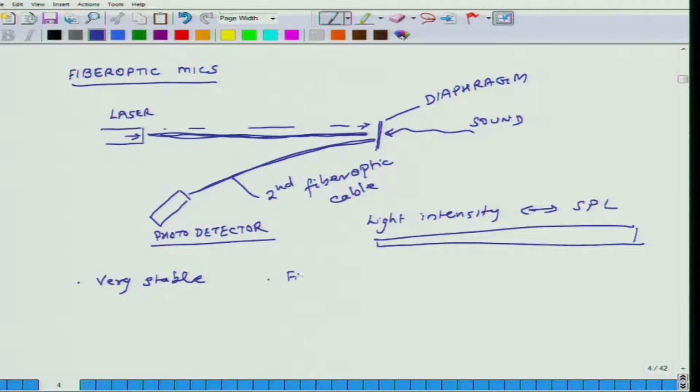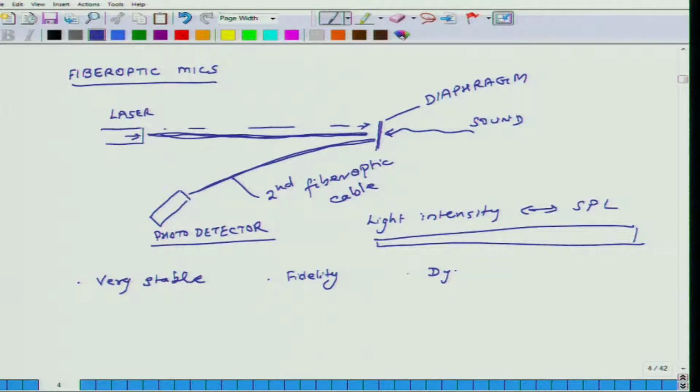Very high fidelity. Fidelity means whatever results they are giving us, they are more believable. Whatever is going in and the output, it's highly linear, that relationship.